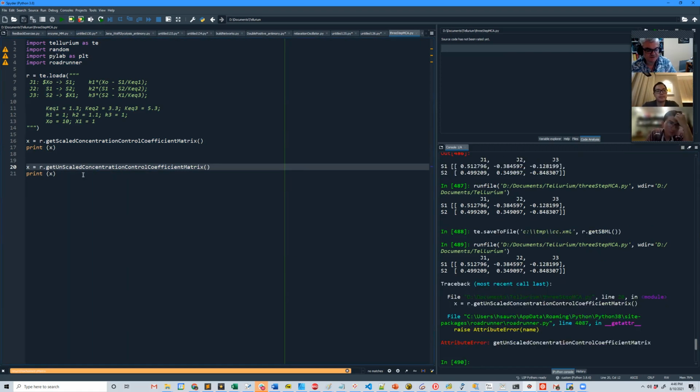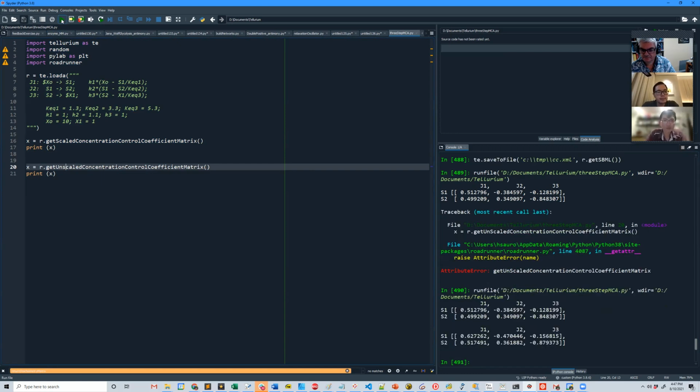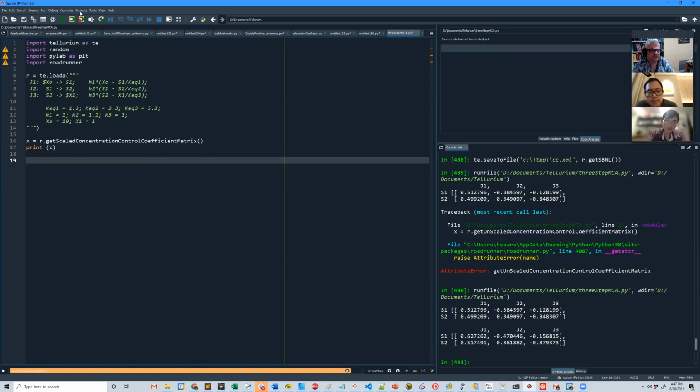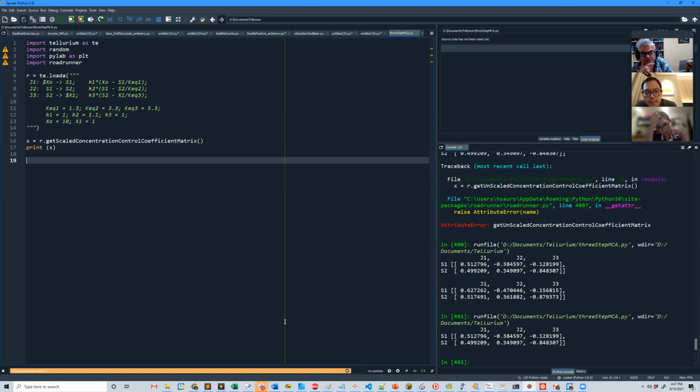Those are the unscaled ones. But they're generally difficult to measure because often you don't have the actual units. You don't actually have the actual concentrations or whatever. You just have fold changes in something. So you generally just use the scaled ones. Okay.